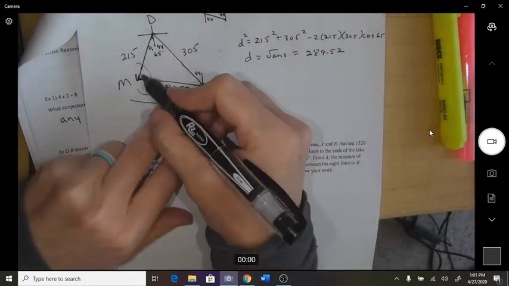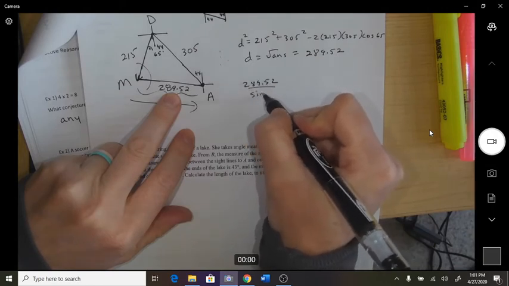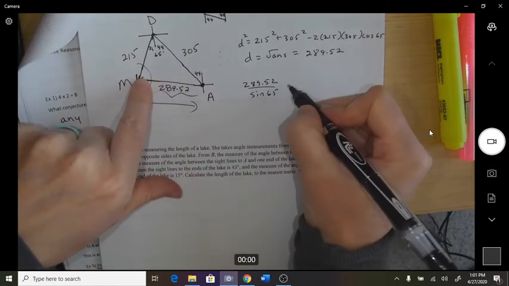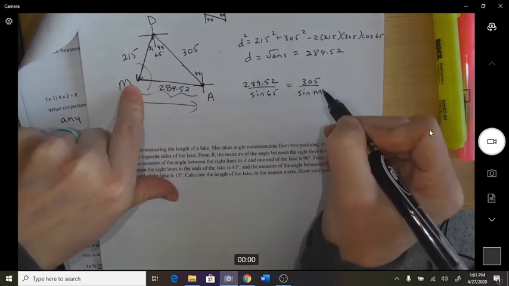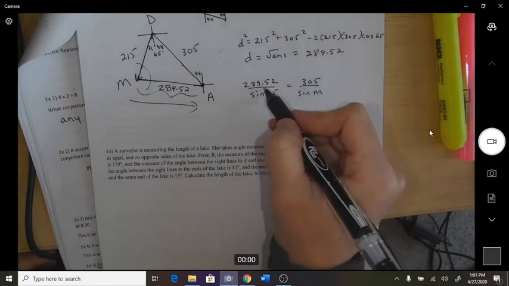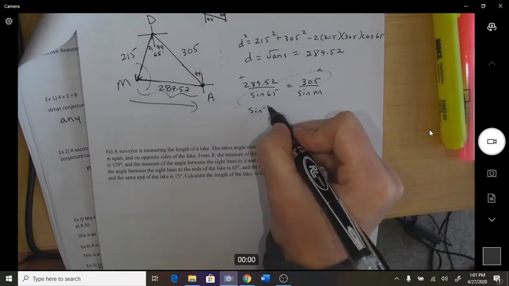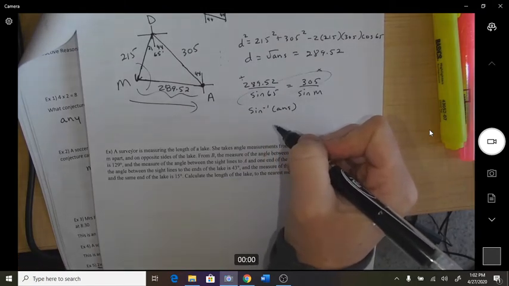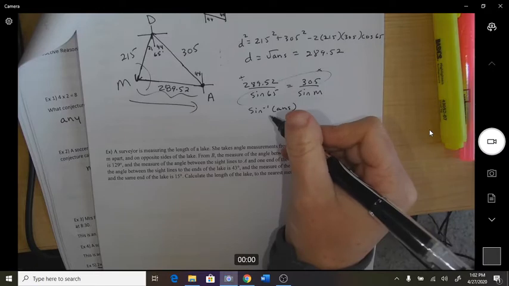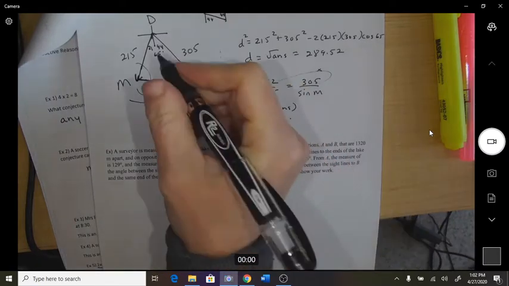So now I want that angle. So I'm going to go 289.52 over sine 65 equals 305 over sine m. So I'm going to multiply and divide, and then sine inverse. And I get 72.7 degrees.